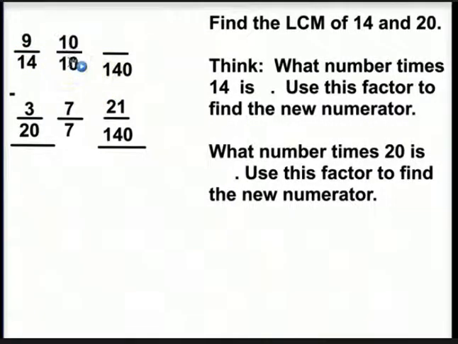That would be 10. 14 times 10 is 140. 9 times 10 is 90. Remember, you're subtracting. So pause the video here while you subtract to find your answer, and then click back in once you get it.